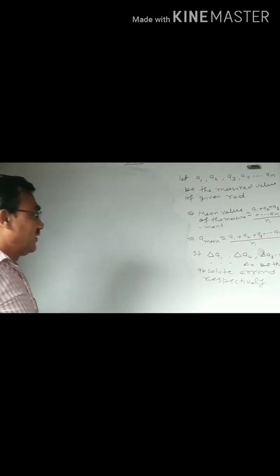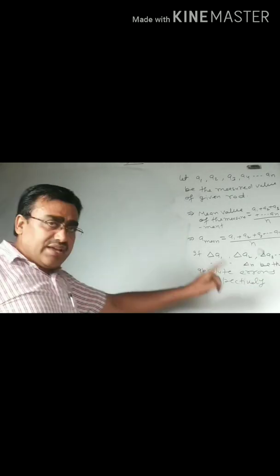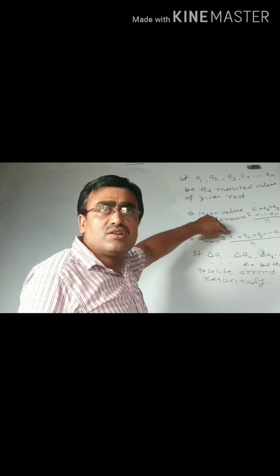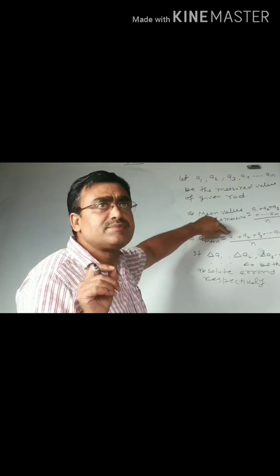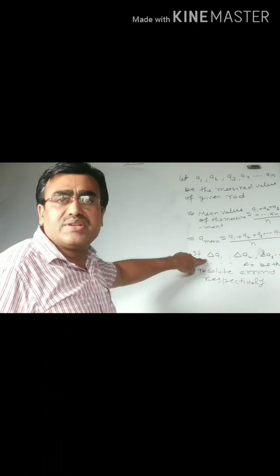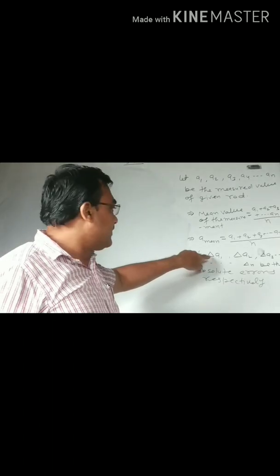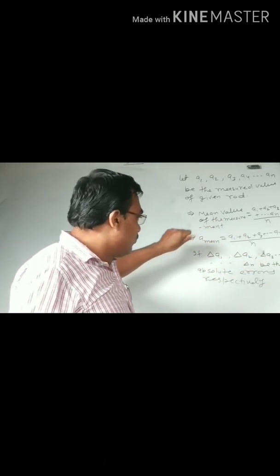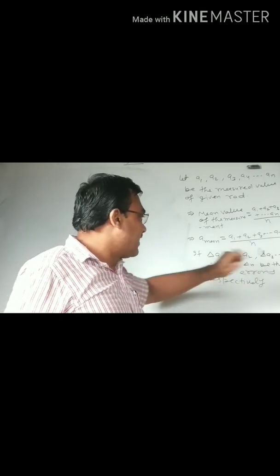Okay, this indicates that in measured value A1 some error is present and it is denoted by delta A1, like that delta A2, delta A3, and delta An.